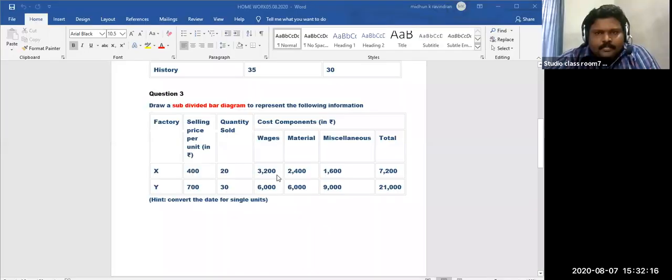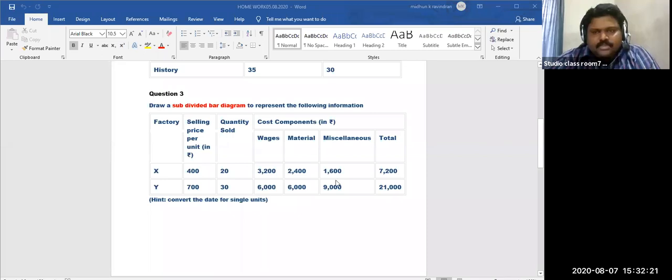Sir, can you explain once again? Simple. What I want you to do is just convert the data into single units. So instead of 3,200, divide by 20, next 2,400 divided by 20, another digit. Don't go for 3,200, 2,400, something like that.